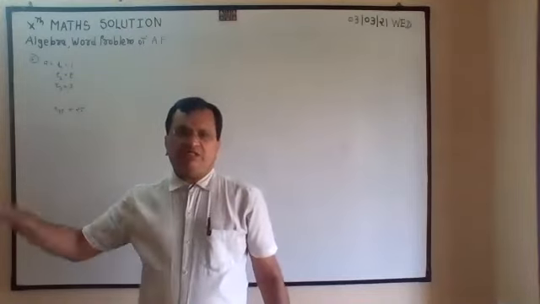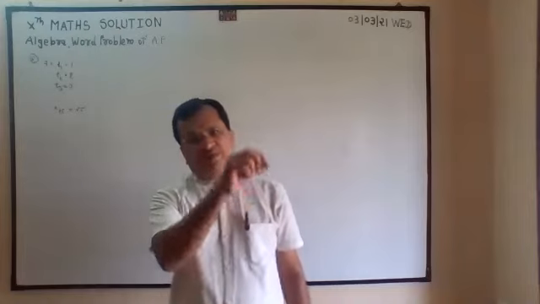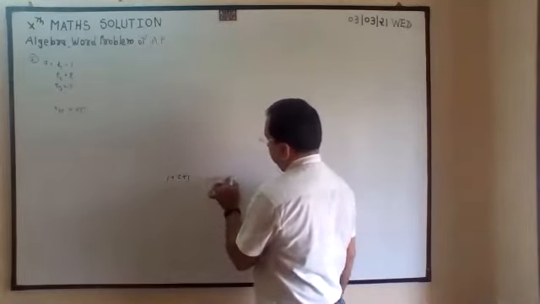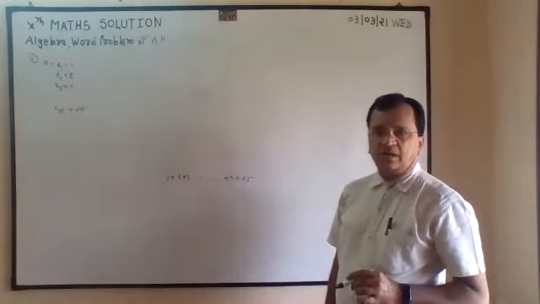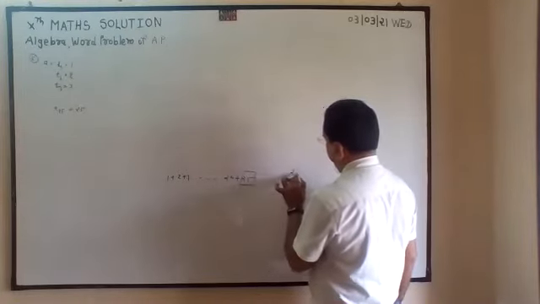Suppose we don't want to consider this AP. We have to count 1 plus 2 plus 3 plus up to 24 plus 25. Okay. So remove this 25.